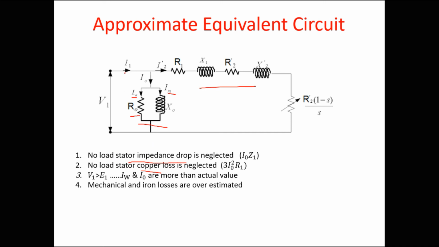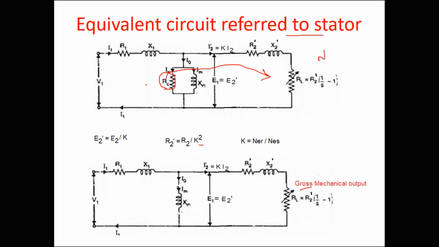Because here, as I said earlier, the primary current is going to have some portion of I0. That primary current is having I0, and in the previous case we can say that I0 is flowing after the I1 is coming, next to R1 and X1. It means I1 has I0, and this I0 is flowing through R1 and X1 in the exact equivalent circuit.